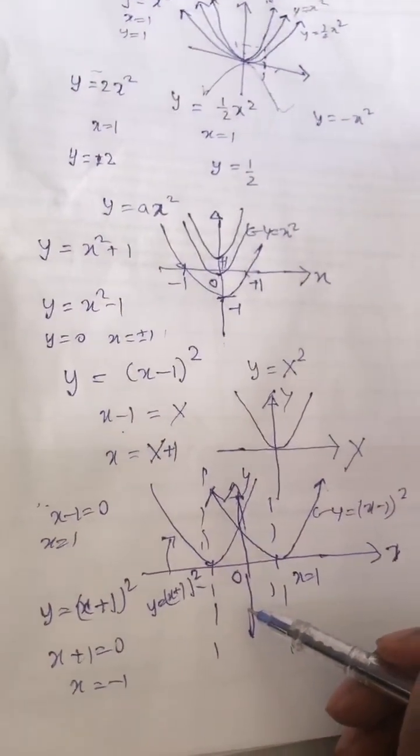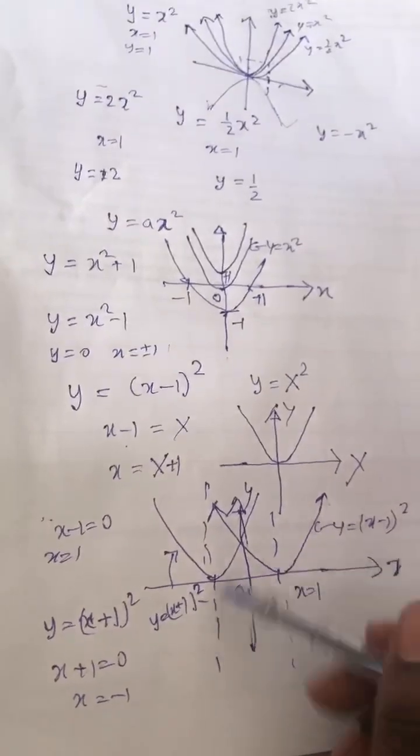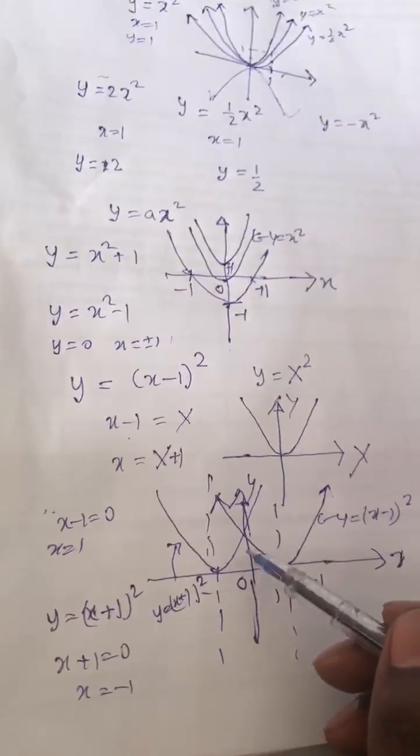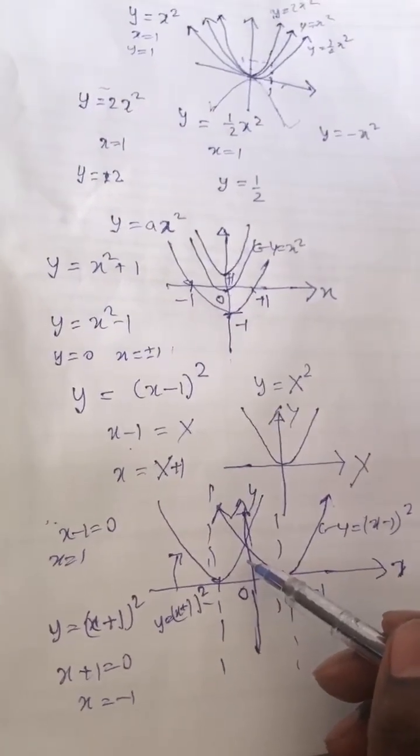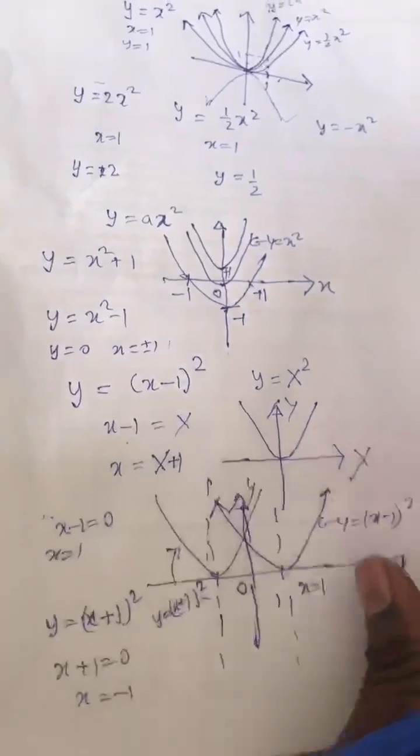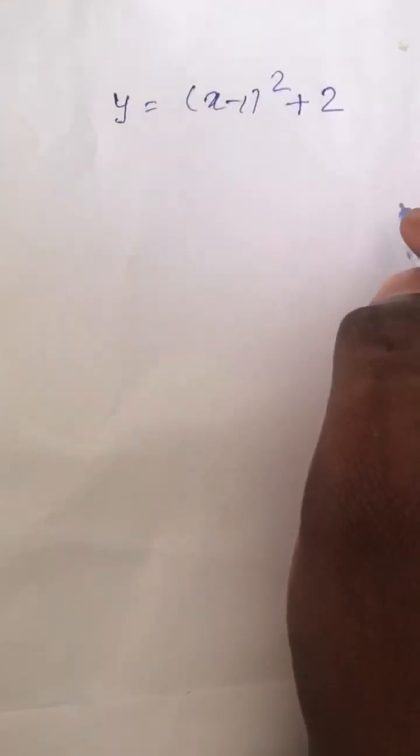Okay, we will see some examples. So I'm going to draw y equals x minus 1 squared plus 2. Okay, y equals x minus 1 squared plus 2.